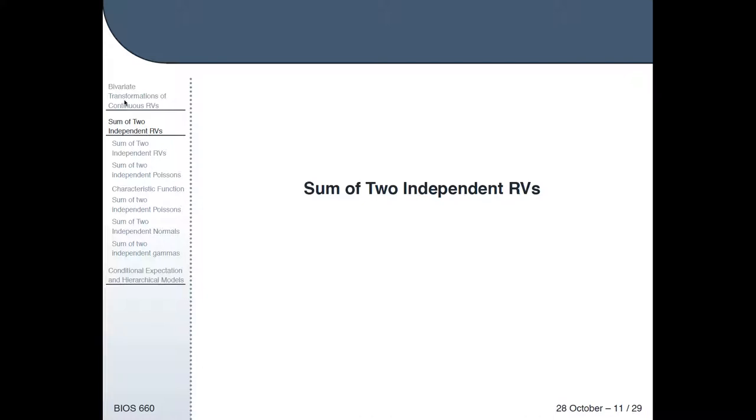If you'll recall the last problem on the midterm, that was a sum of random variables, and the trick that I put in the solution to that problem works in general.